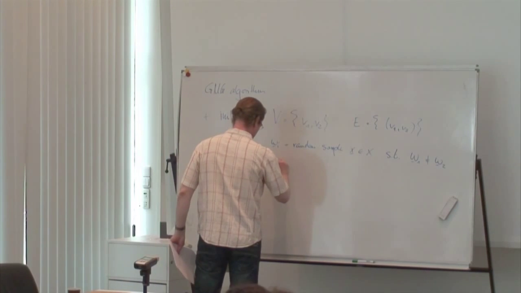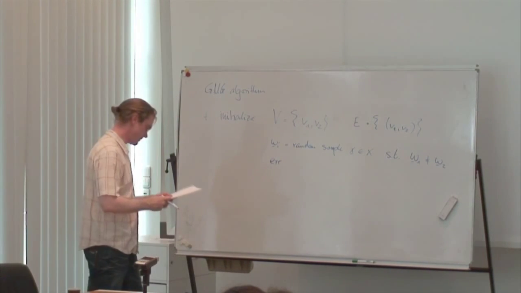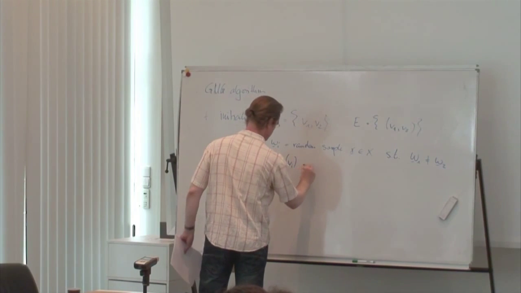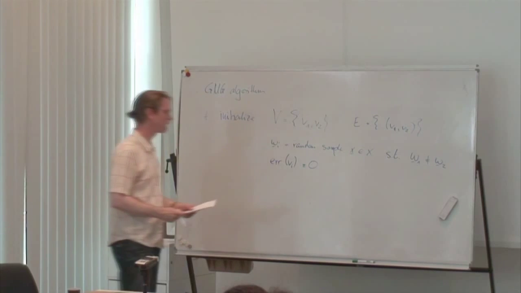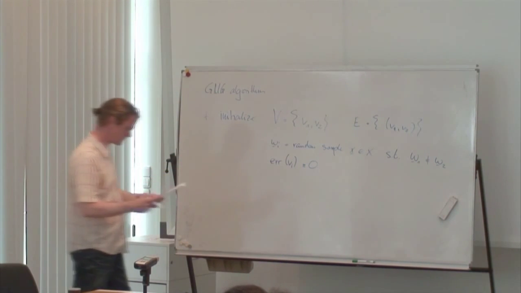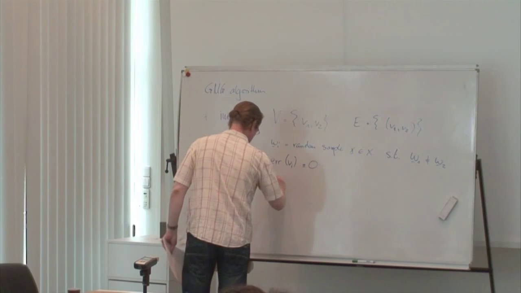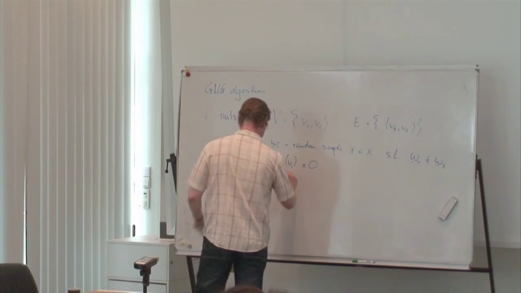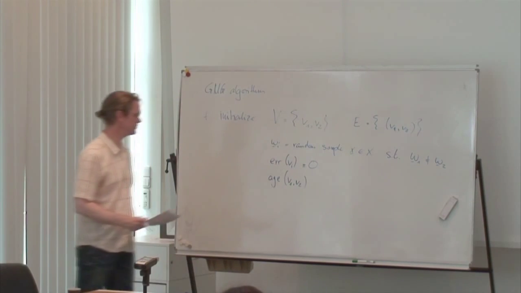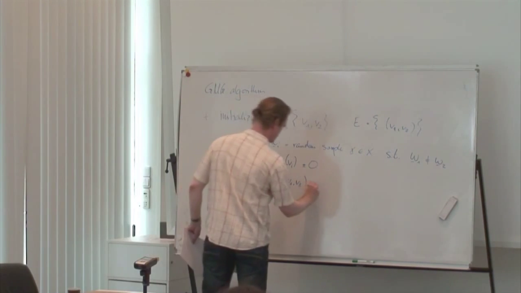We also, in the initialization phase, set the error of both vertices to 0. This is the error function. We initialize it to 0 for both vertices. And we initialize the age of this edge from V1 to V2 to 0.